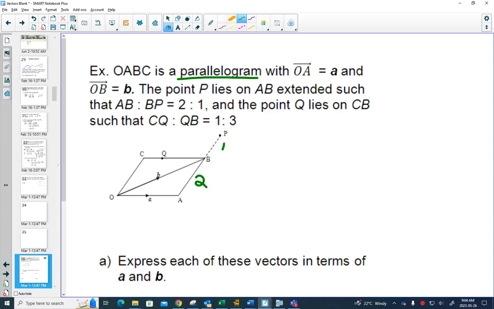It's in that ratio. We know that A to B is double the length from B to P. And same thing, CQ to QB, the ratio is 1 to 3. So if CQ is 10, then Q to B would be 30. And any numbers in that ratio.